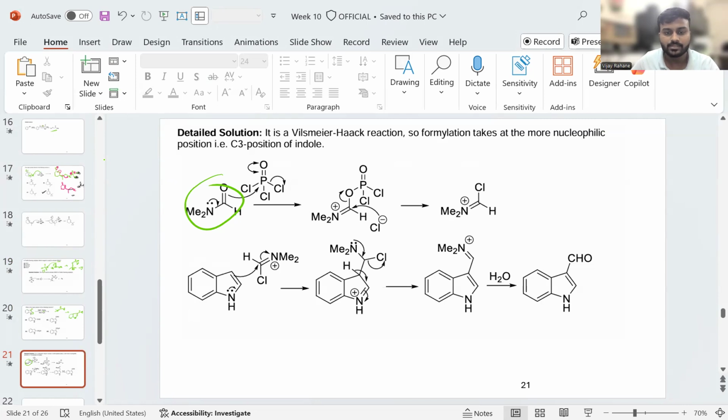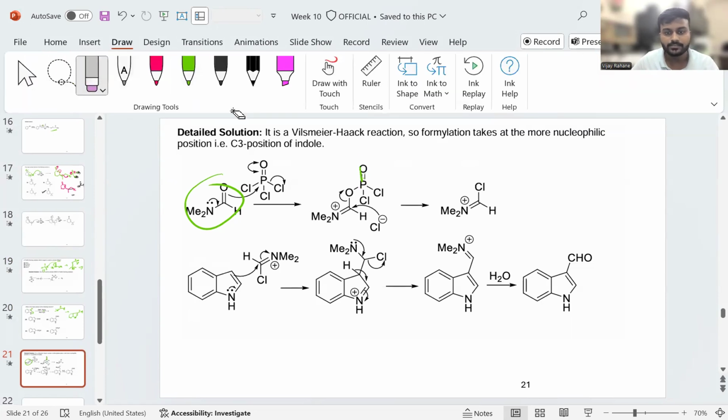This lone pair goes in conjugation with the carbonyl. Then one chloride is eliminated and further attacks on this carbon center. So this is the active species formed in this combination of DMF and POCl3.